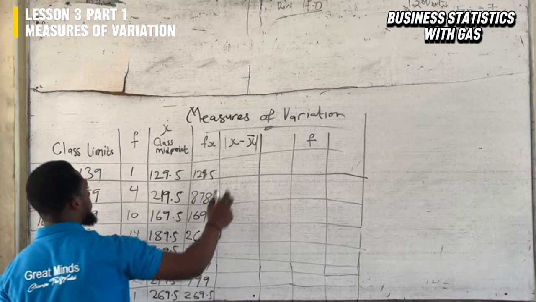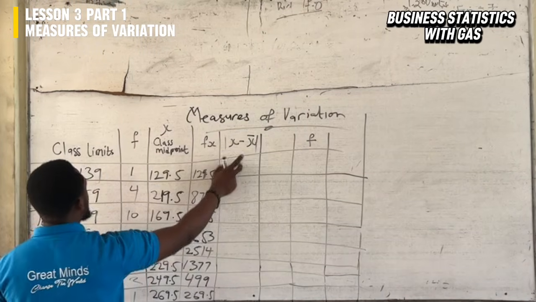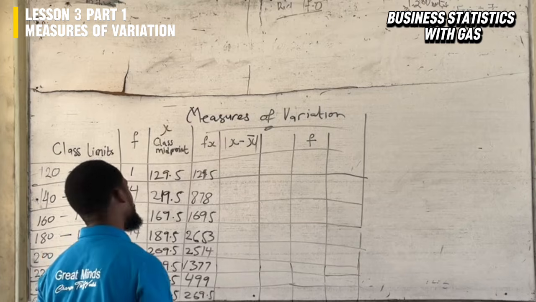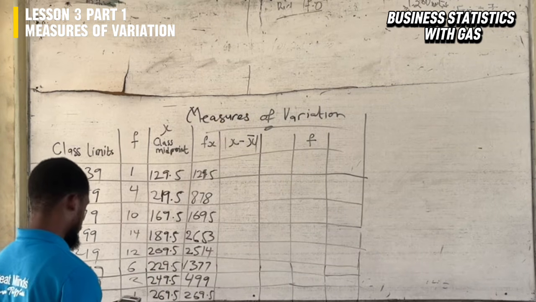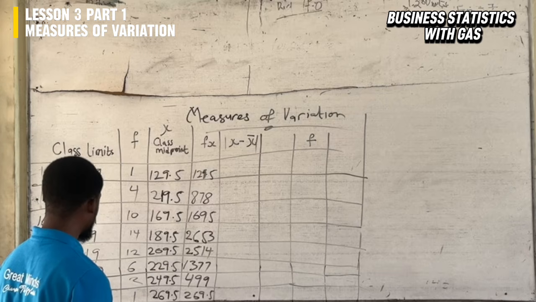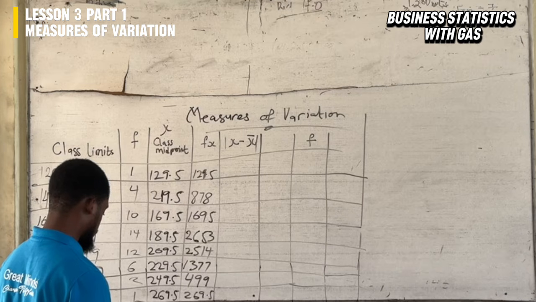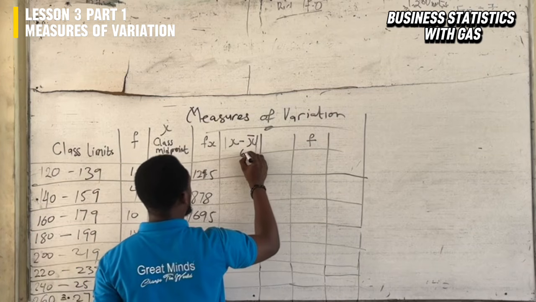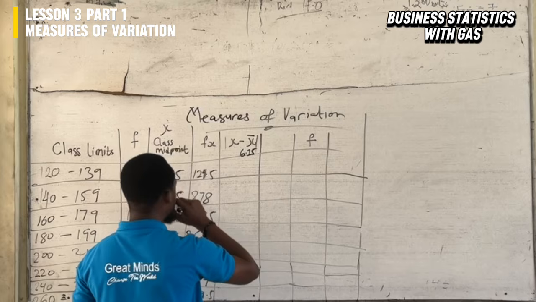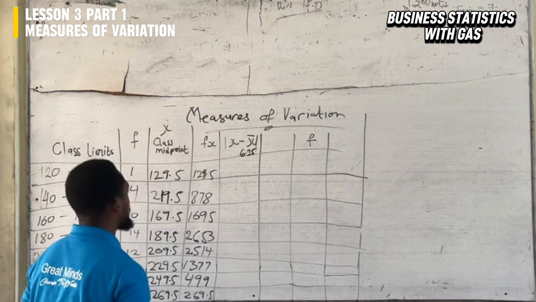And as a result of the absolute value here, when you get a negative number, it turns to positive. So now let's do our calculation here.